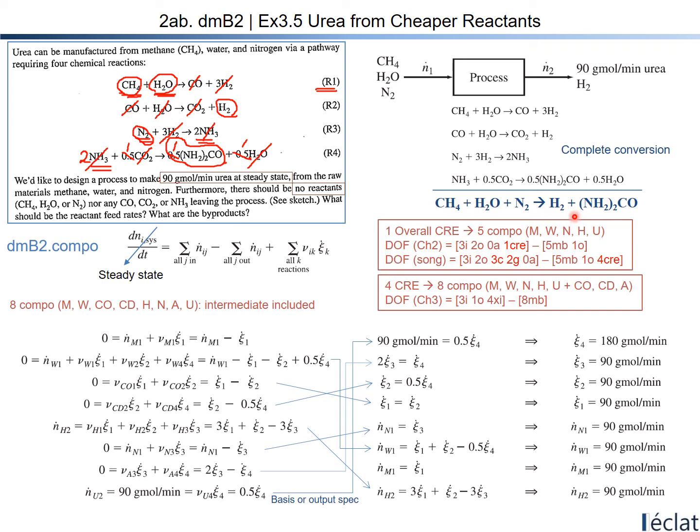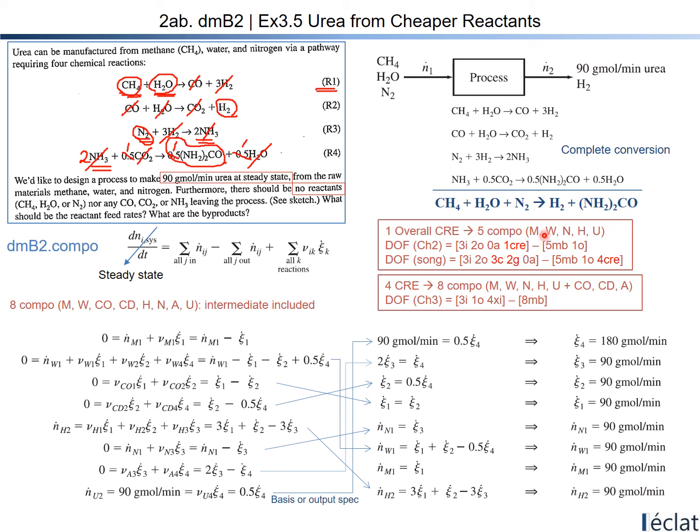What is the 5 components? M for methane, W for water, and N for nitrogen as the raw materials, and H for H2 byproduct, and urea is the desired product found in output stream. So we have 5 material balance equations.